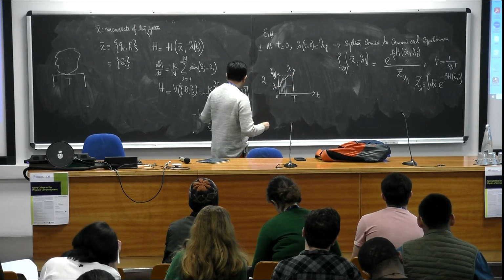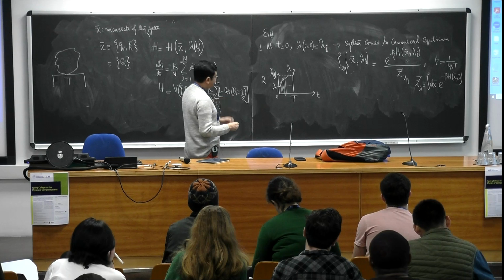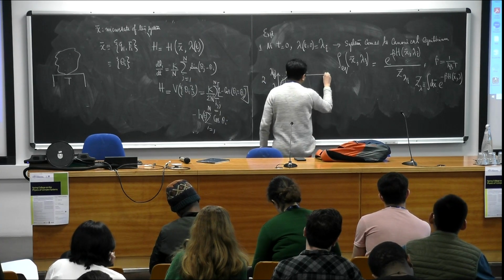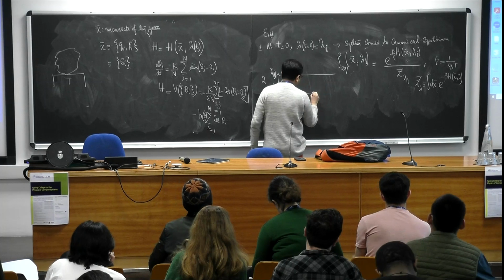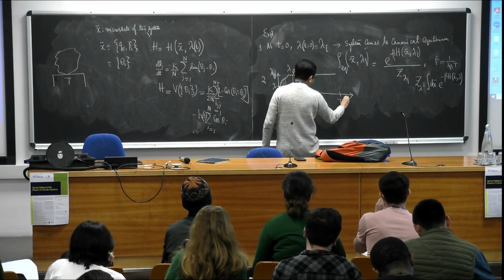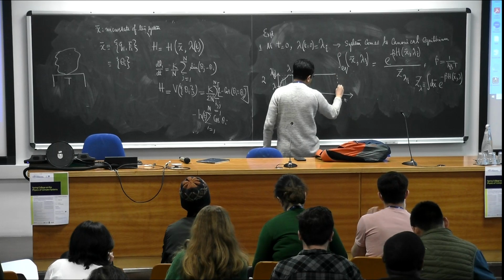longer change the magnetic field any further. Okay? So then at this point the magnetic field remains constant and I keep it constant in time, and then eventually at some time t star it is remain constant. Okay?